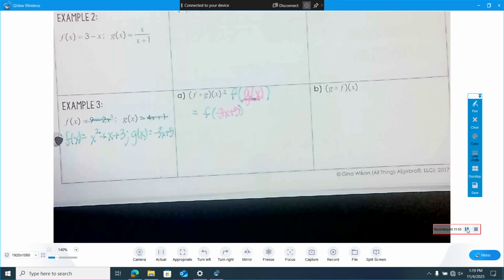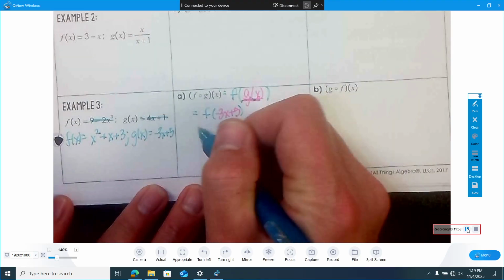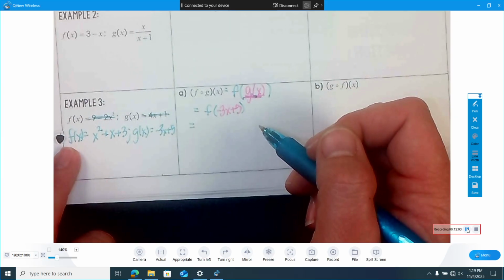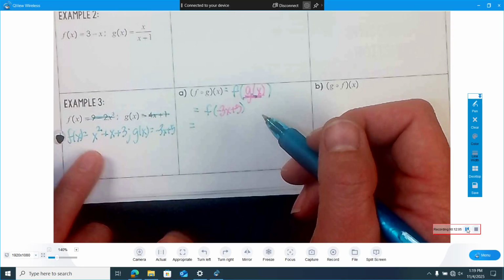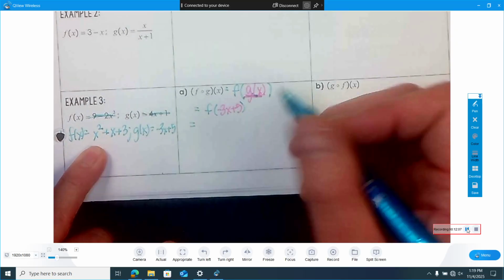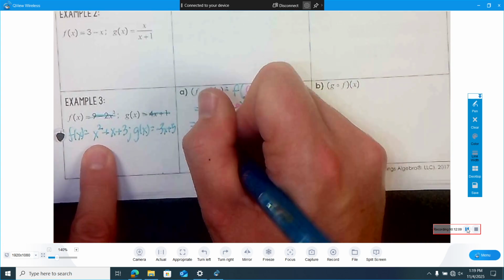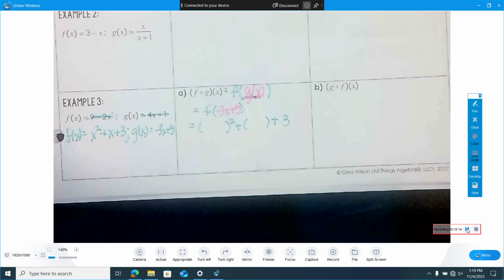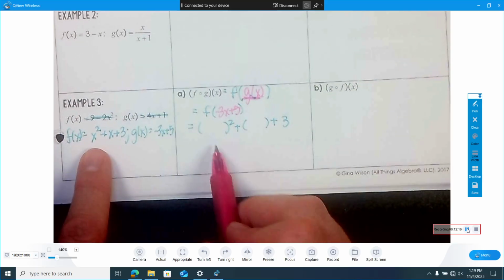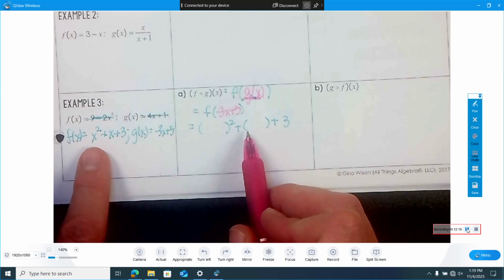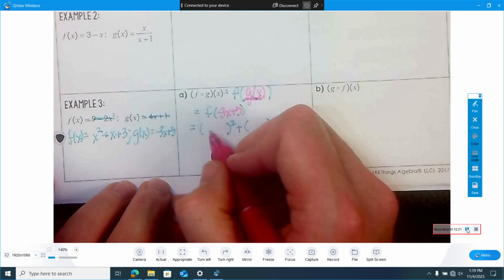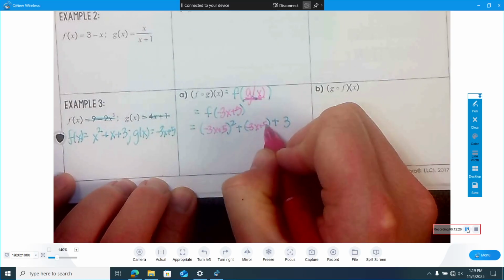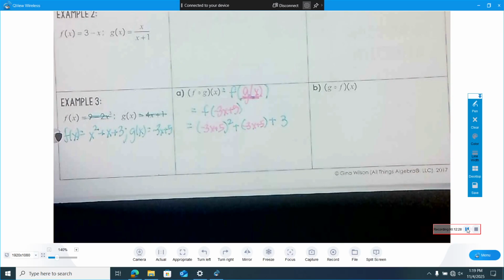What does that tell you to do? Yep, go to the f function, and we're not using x's anymore. What are we using instead? Yeah, we're using negative 3x plus 5. So instead of the x's, we're plugging in. So you see what I'm doing there? I'm just sort of setting it up without the x's. And then we're plugging in a negative 3x plus 5 everywhere there was an x.